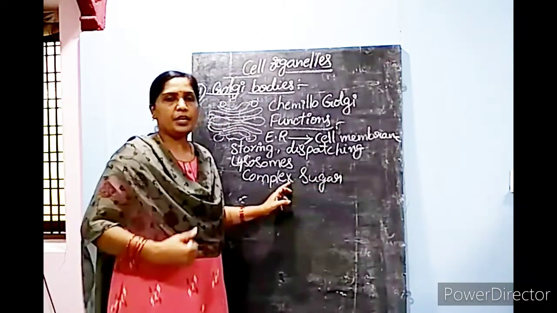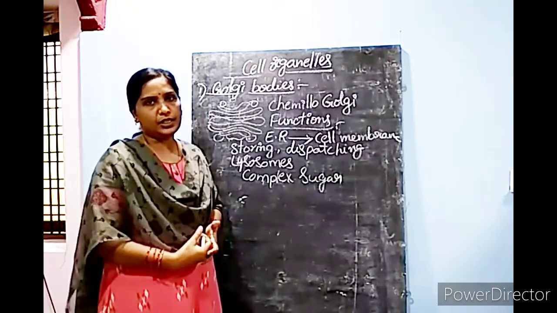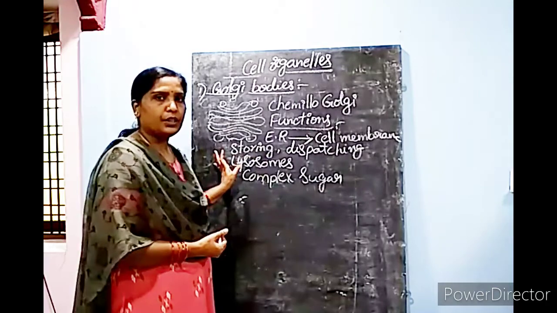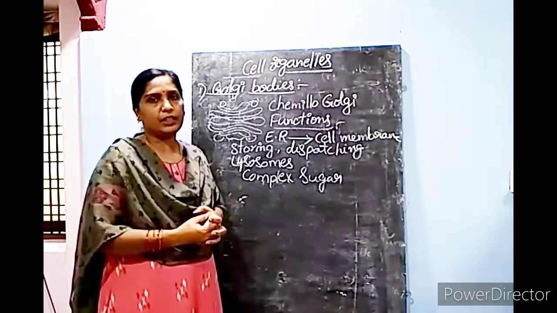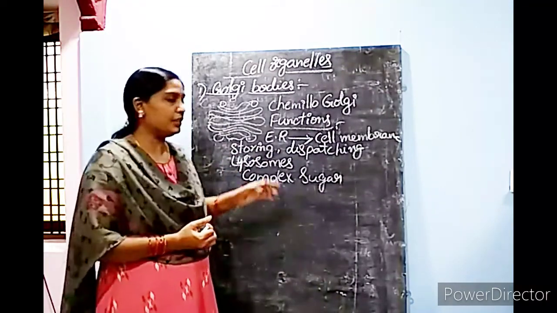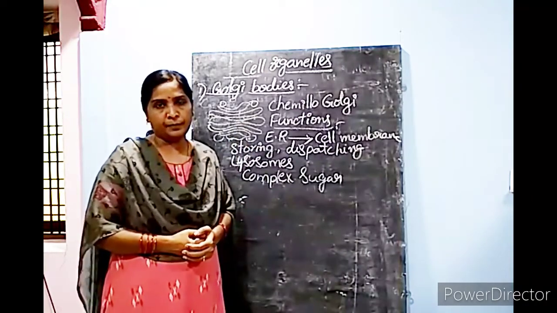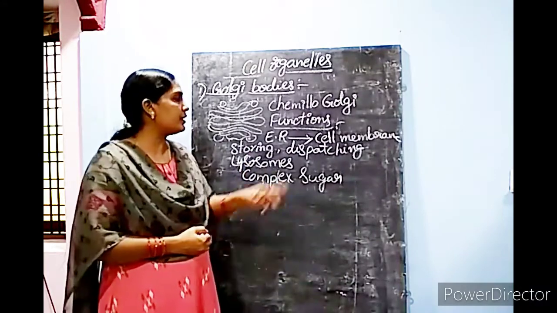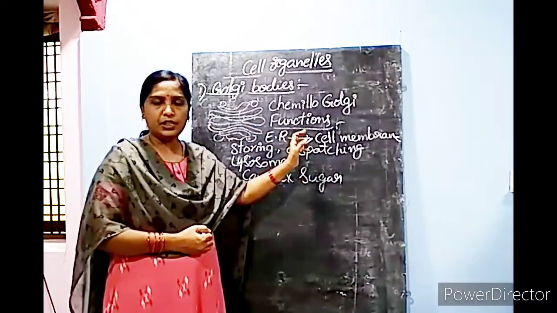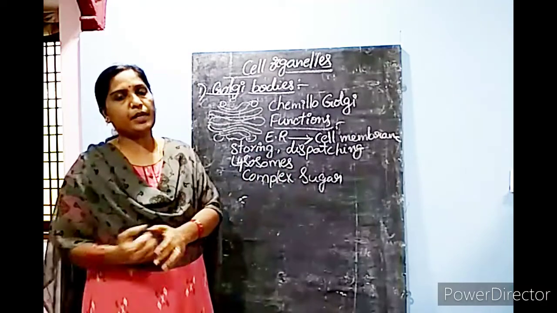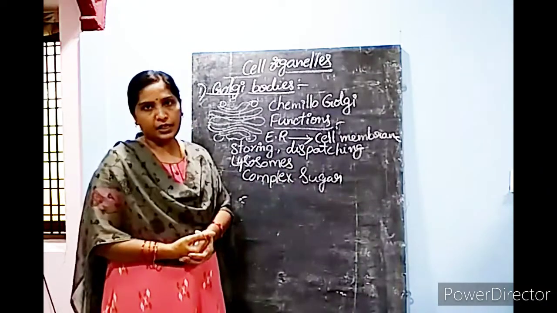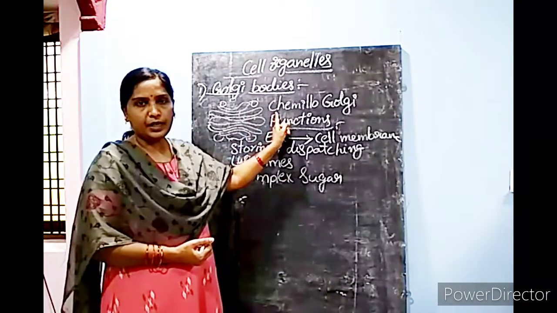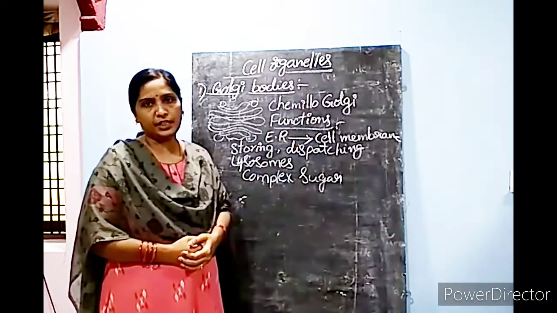Your carbohydrates are later converted into sugars, like you learnt in your digestion lesson. So these small sugars all will combine and make a complex sugar with the help of Golgi bodies. They are collecting materials from one cell organelle and dispatching to the place where they are needed. So those are the functions of Golgi bodies, found by Golgi, a famous scientist.